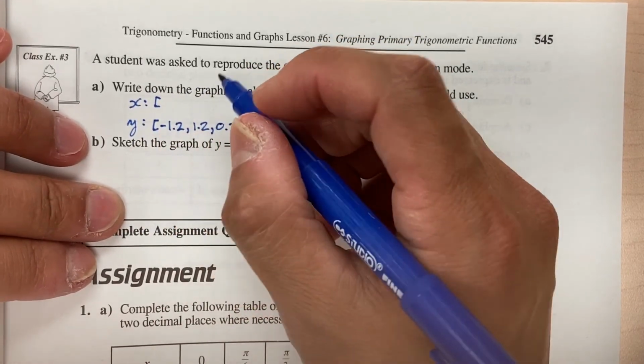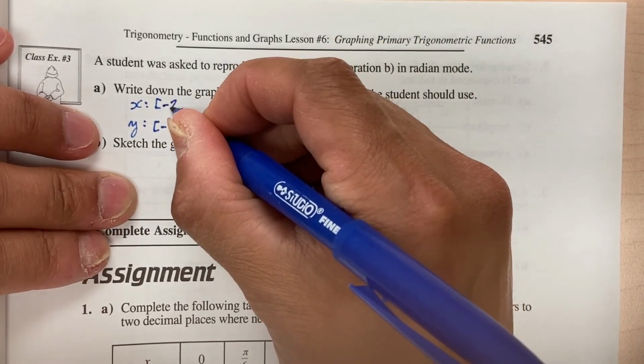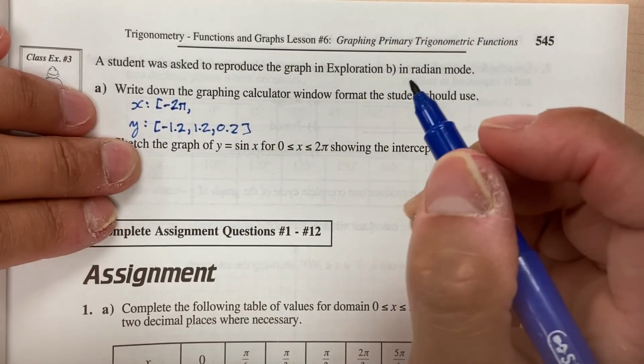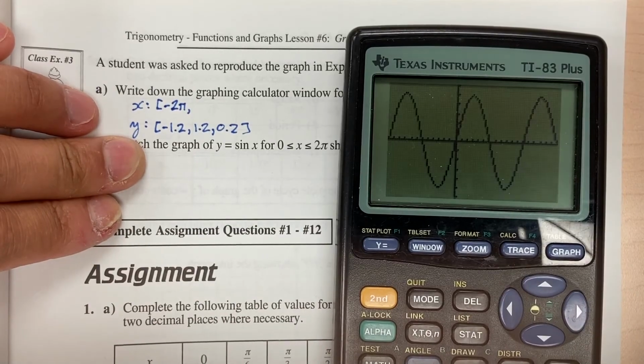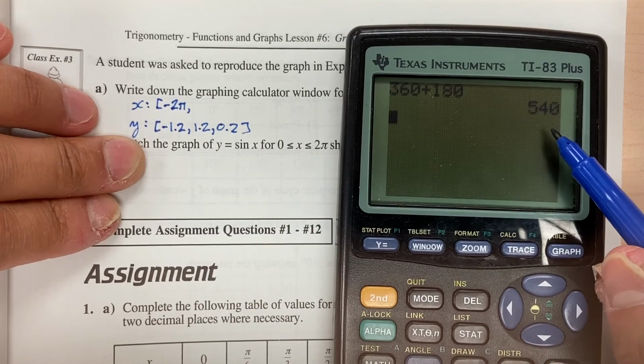However, for my radians, negative 360 degrees would be negative 2 pi. For 540 degrees, remember that 360 plus 180 is equal to 540 degrees.